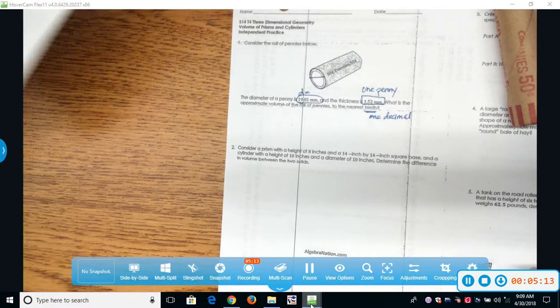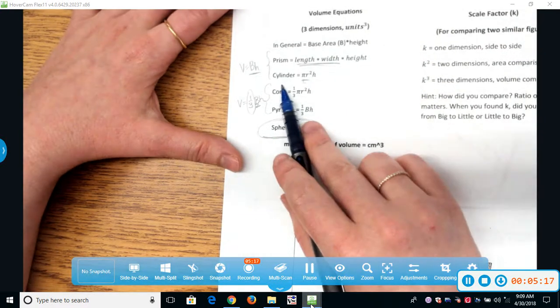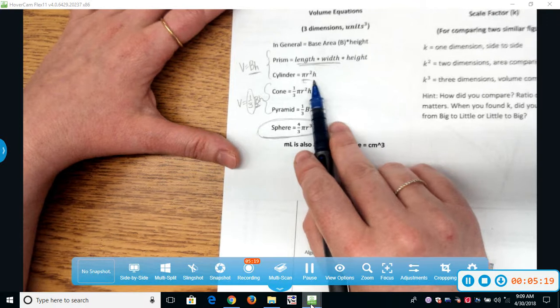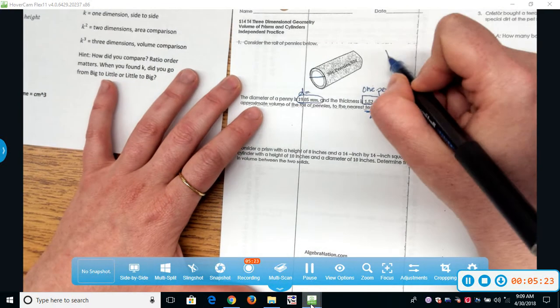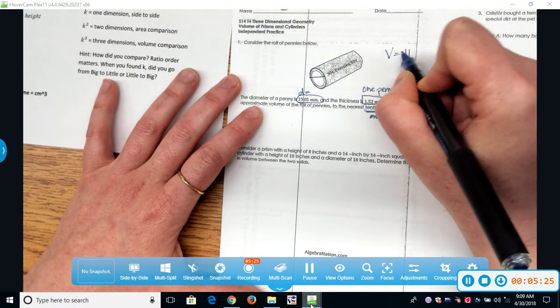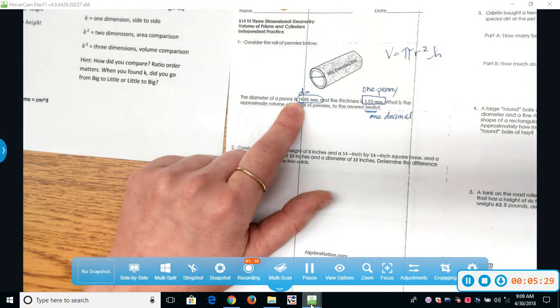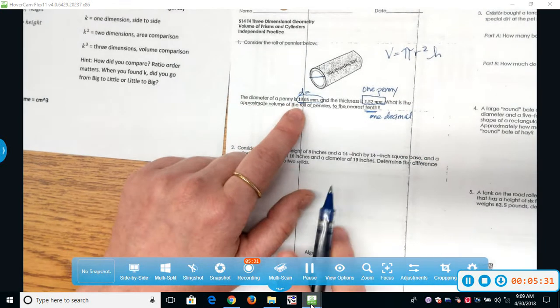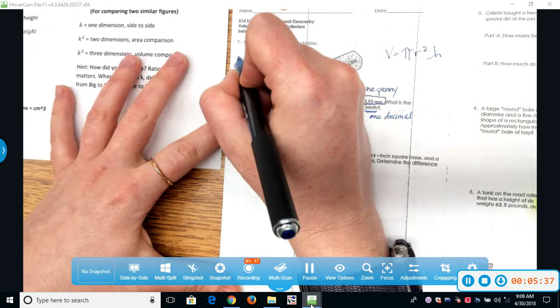All right, so I'm going to take a quick peek at my formula sheet. I have a cylinder. So I'm using this volume equation. Volume equals pi r squared times the height. So there's a couple of things I need to do prior to actually plugging them in. First off, I need the radius.